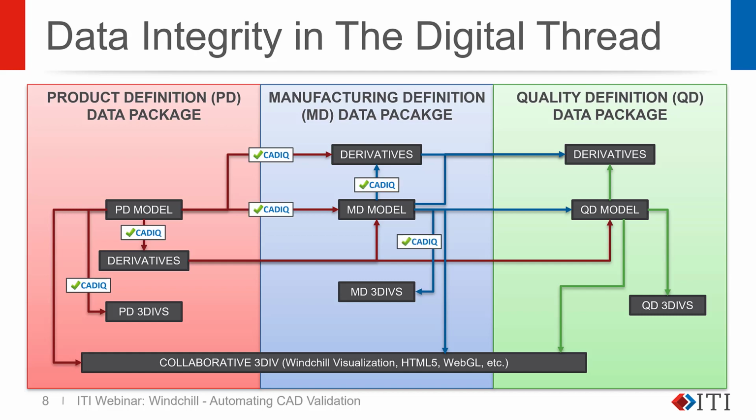Right. So with all of this 3D data being generated across that digital thread, and we already conceded that we're going to break some of that associativity that Creo offers, but for one reason or another we can't take advantage of it, we're going to need the ability to validate through compare.